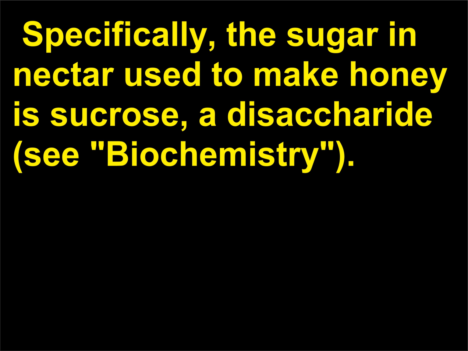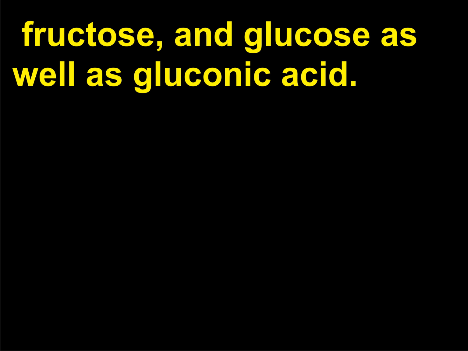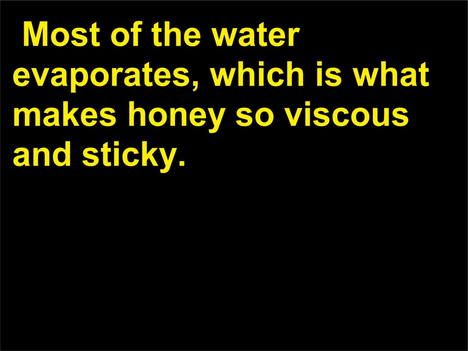See biochemistry. A honeybee produces enzymes in its body that can break down the sucrose into monosaccharides, fructose, and glucose as well as gluconic acid. These sugars are the primary constituents of honey. Most of the water evaporates, which is what makes honey so viscous and sticky.